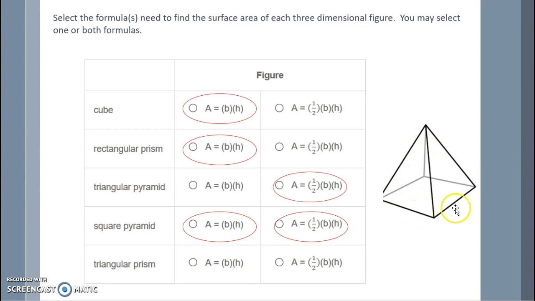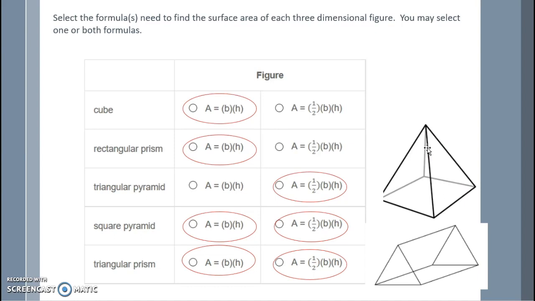Our base is a square, but notice that we would need triangles in order to make the pyramid portion. And then a triangular prism, we would need both of them because we would have 3 rectangles and then 2 triangles for the bases.